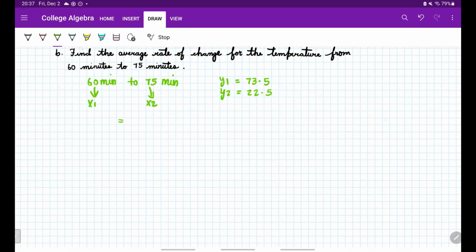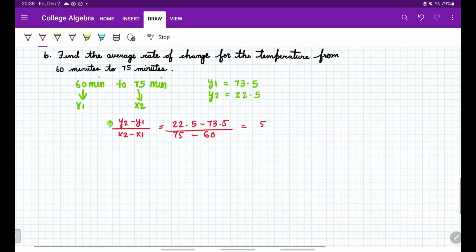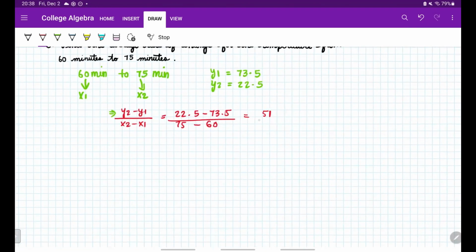Plugging it back into our formula, which is y2 minus y1 over x2 minus x1, we get 22.5 minus 73.5 divided by 75 minus 60. That's 51 divided by 15 here.